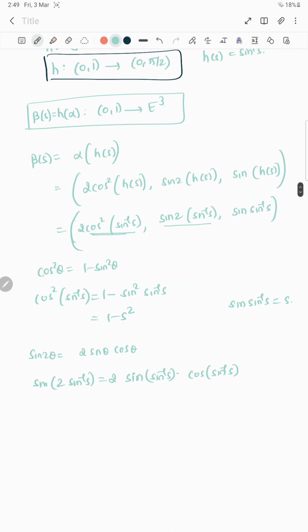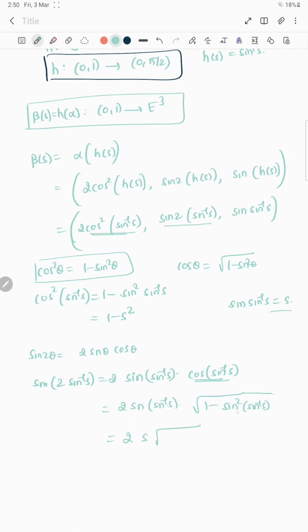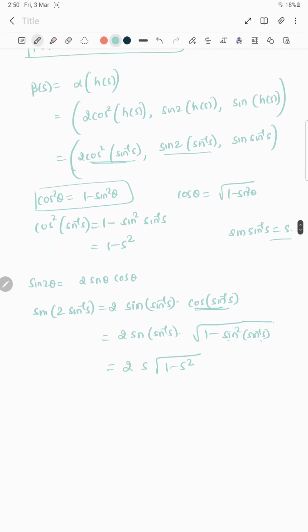From cos square is equal to 1 minus sin square, we can write cos theta is equal to root of 1 minus sin square. So just replace cos in terms of sin: sin of sin inverse s into root of 1 minus sin square of sin inverse s. Since sin of sin inverse s is equal to s, this is s into root of 1 minus s square. And the last term is sin of sin inverse s, so it is simply s.